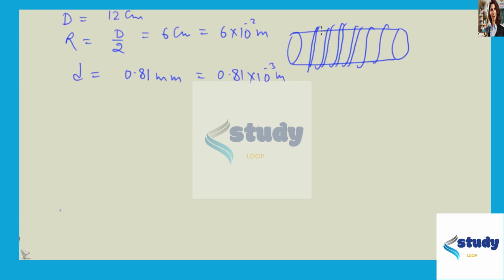This wire is wound in such a manner that each segment of the wire is in contact with the other segment.